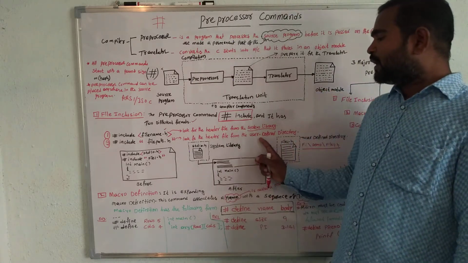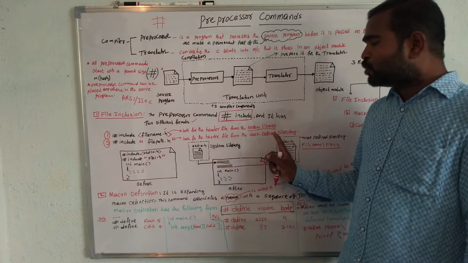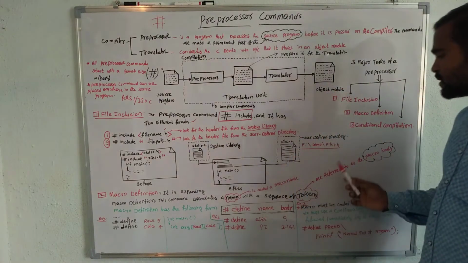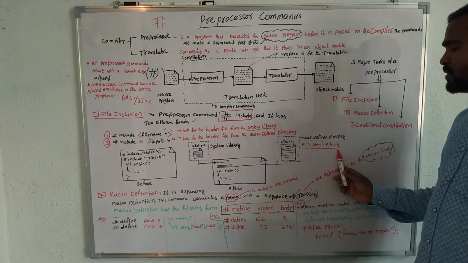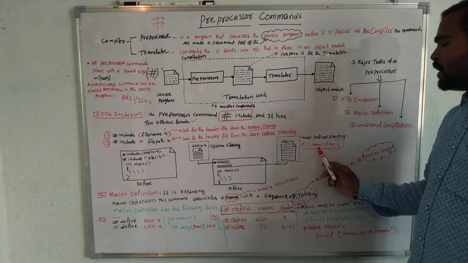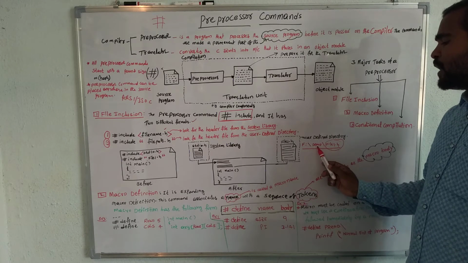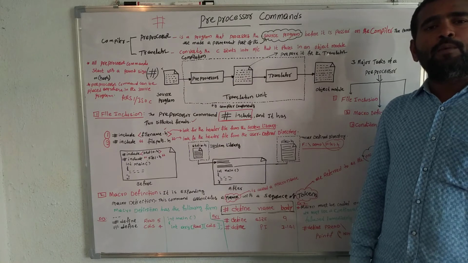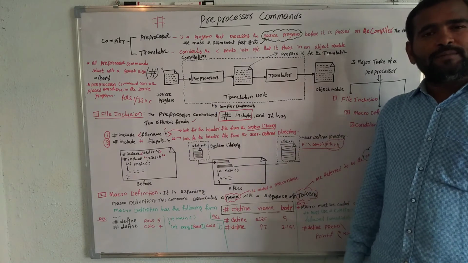If you define it in your directory, you must mention the complete source file path. So this is file1.h, which is available in the demo directory, and this demo directory is available in the F drive. This is the thing about file inclusion.